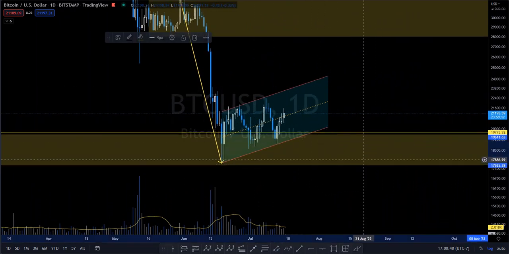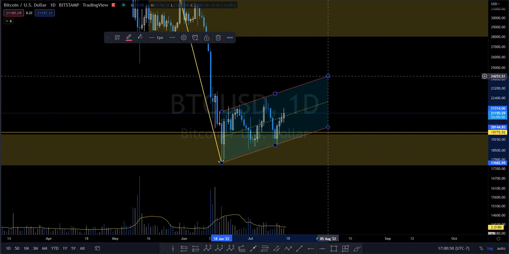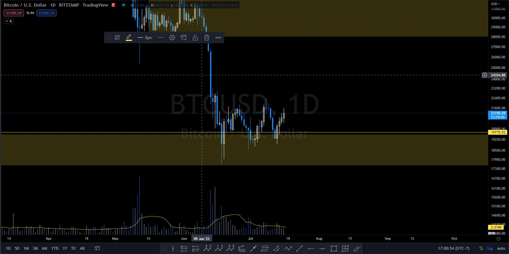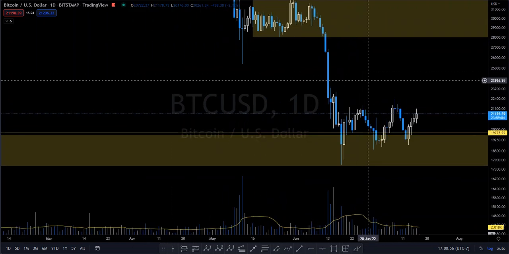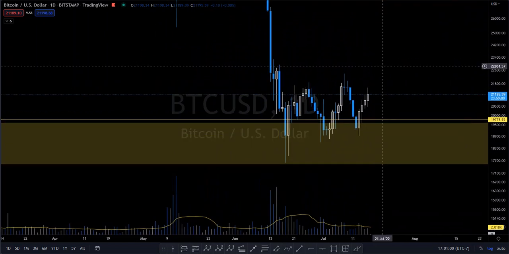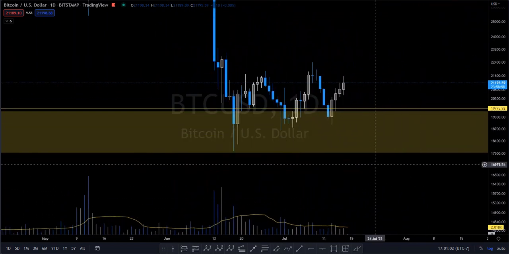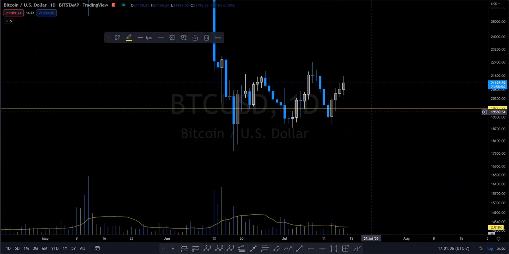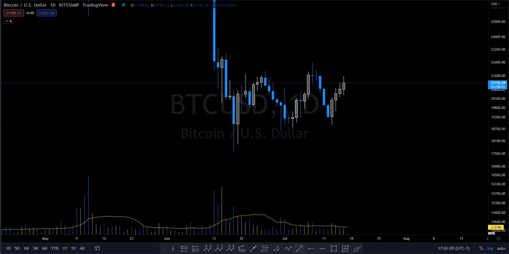But when can we say this pattern will continue to the downside, or that it can continue going to the upside? Let me delete these. We have two important levels here.